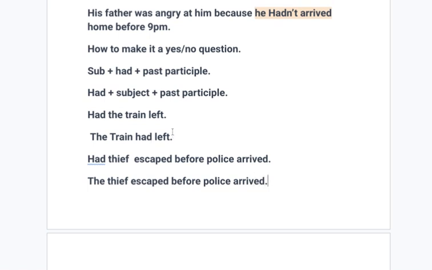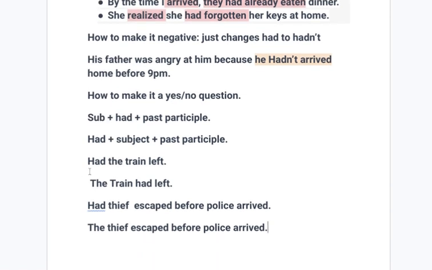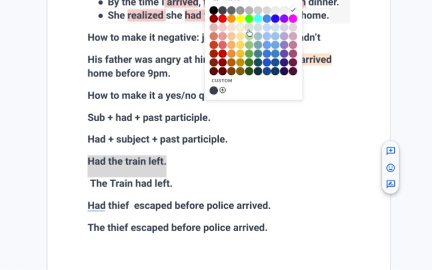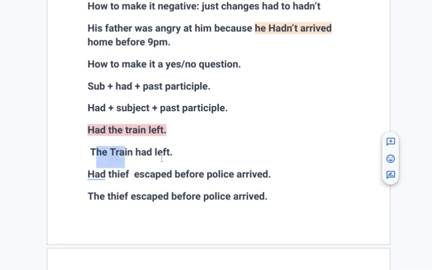So you see how does this all work? Let me highlight this all. Had the train left? The train had left.